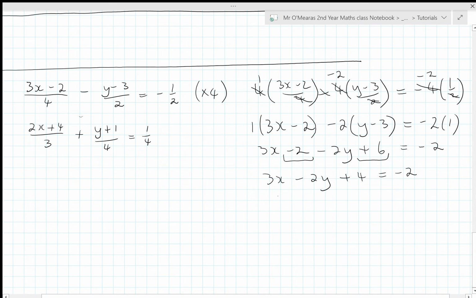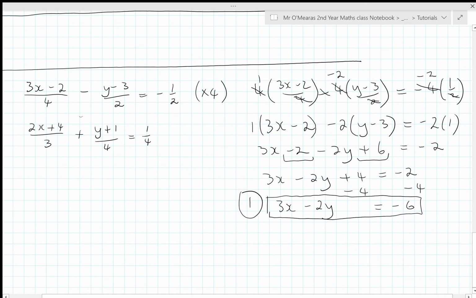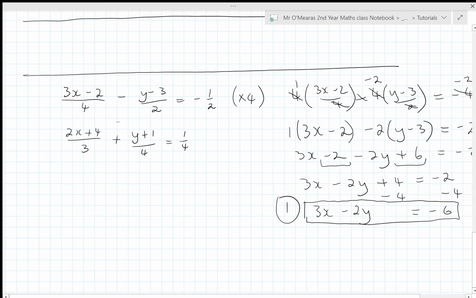Now, normally we tend to get the constants on the right hand side, so we end up in this case with minus 6. So 3x minus 2y equals minus 6. Okay, so we're just going to park that. That's line number 1. We've tidied up line number 1, we'll leave that and go and look at line number 2.